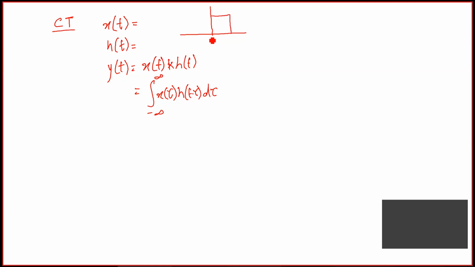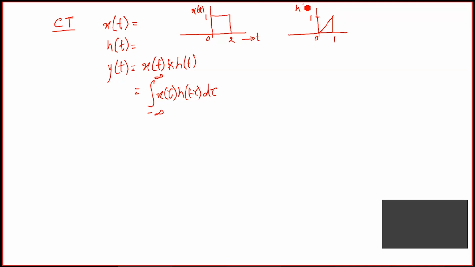If you're given the problem in graphical shape, let's say from 0 to 2, this is your x of t, and let's say h of t is a triangular thing, 0, 1 and 1.